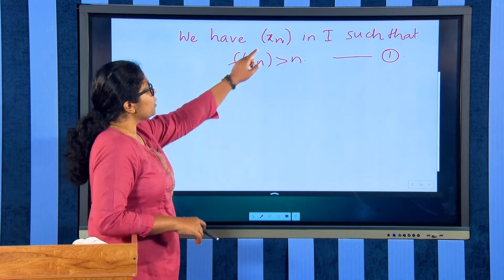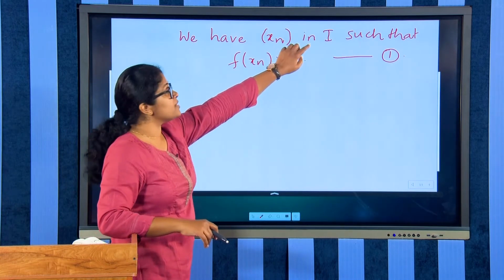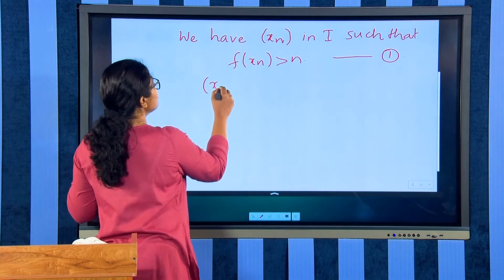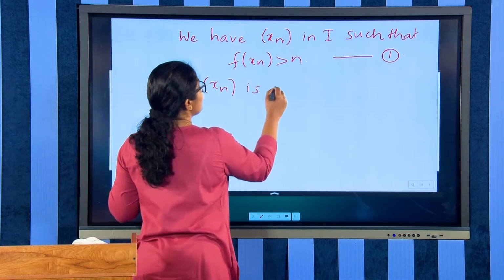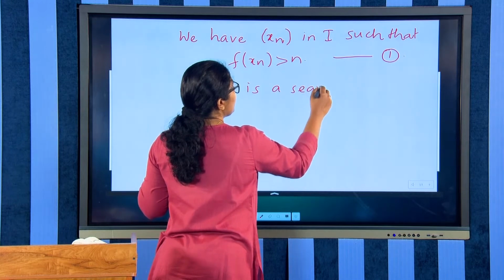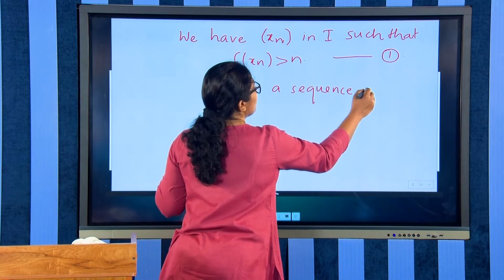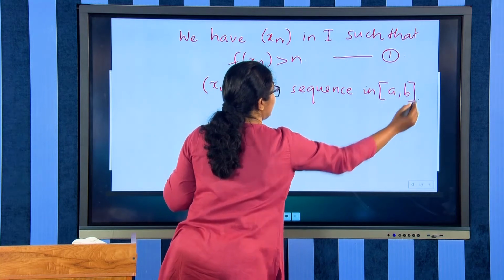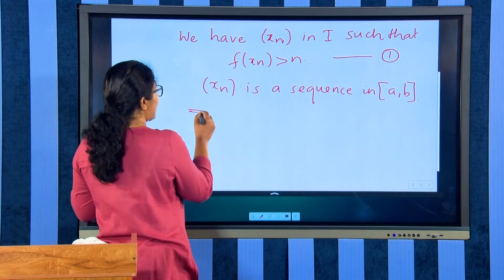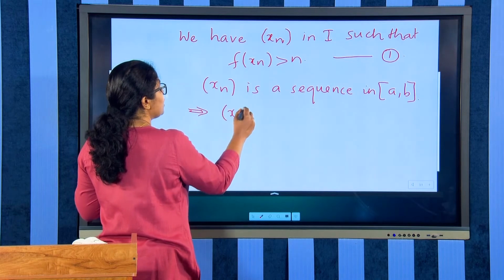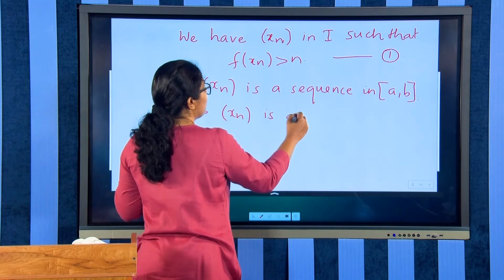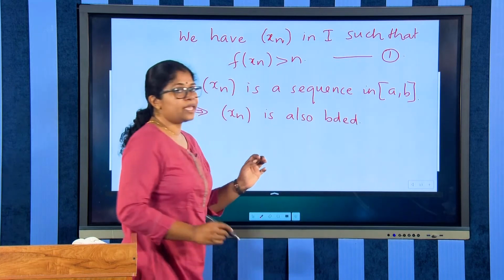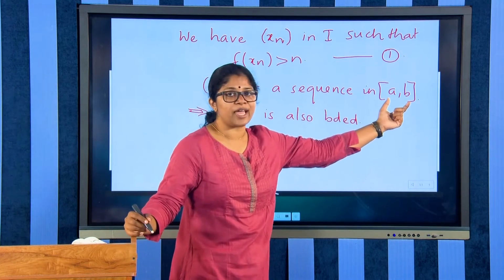Because this sequence x_n is a sequence in the closed bounded interval [a, b], the sequence x_n is also bounded, because a and b are finite values.